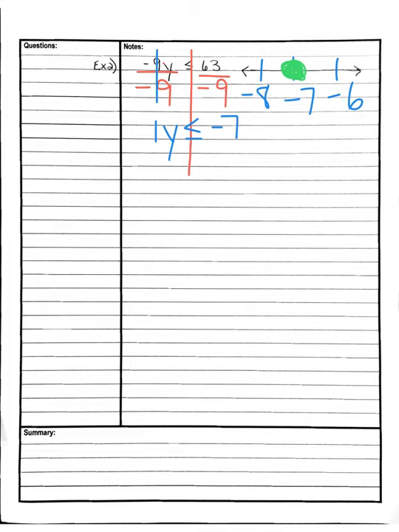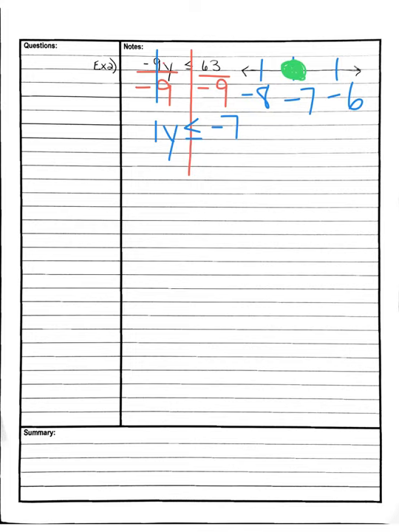Is a negative 9 times a negative 8 less than or equal to 63? Negative 9 times negative 8 is a positive 72. Is that less than or equal to 63? No, it is not.